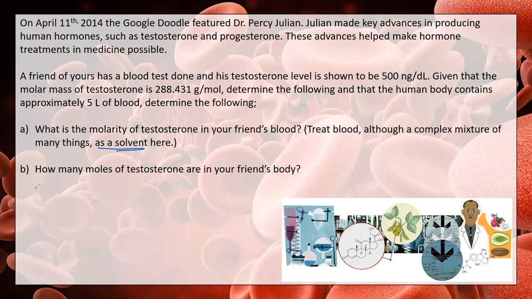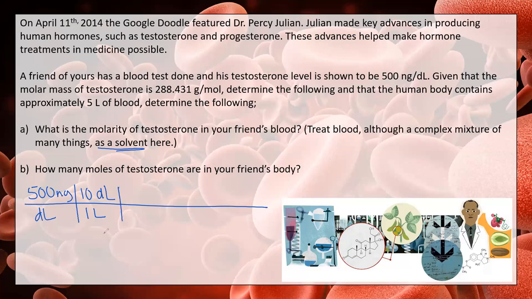So let's get started here. 500 nanograms per deciliter, right? So here you can see that dimensional analysis helps you change multiple units at once. There are 10 deciliters in 1 liter.